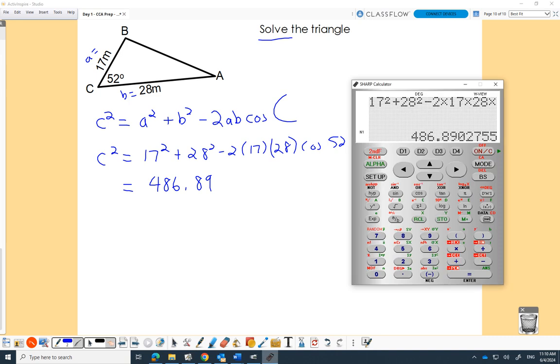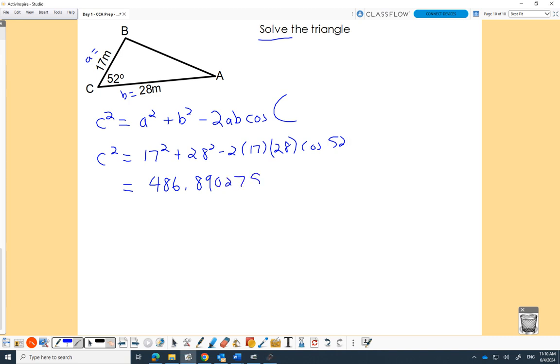I hear discussions going on that are the right discussions. But just in case you're not sure what's going on, don't panic. When this happens, that's ridiculous. There's no way there's a triangle that has sides 17, 28, and 486. What's left? Square root, because this is solving for c squared. So I've got to square root that big thing.